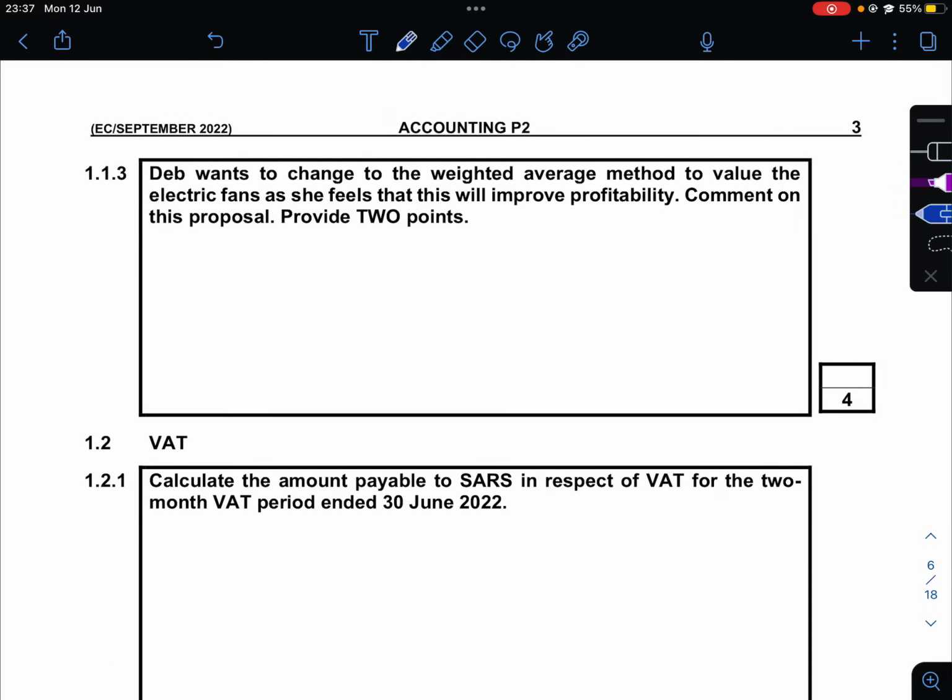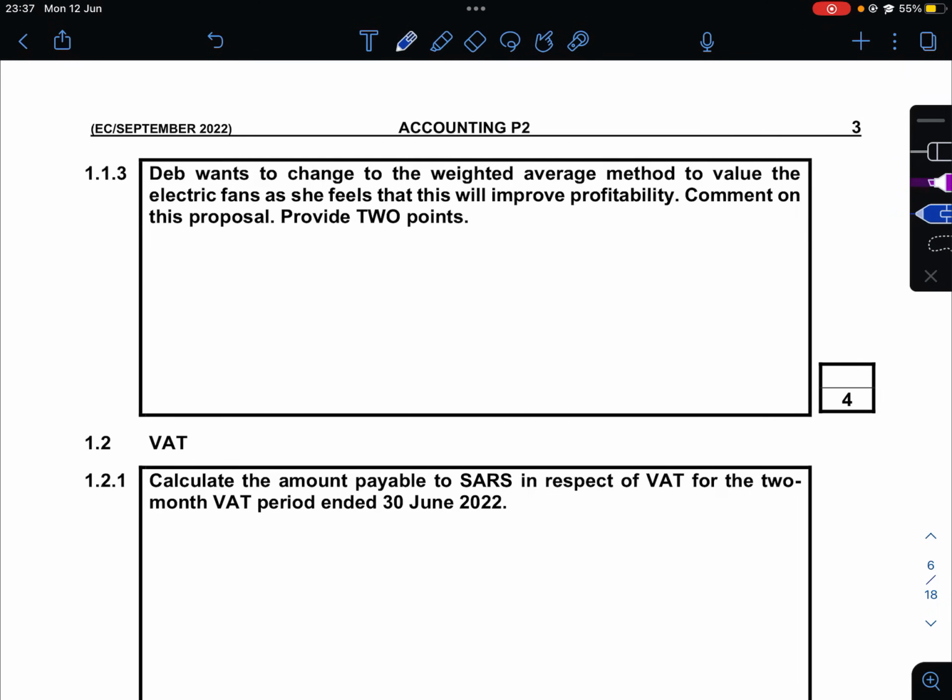Answer book. So 1.1.3, since I can't see the question, it says Deb wants to change to the weighted average method to value the electric fans, as she feels that this will improve profitability. Comment on this proposal, provide 2 points.